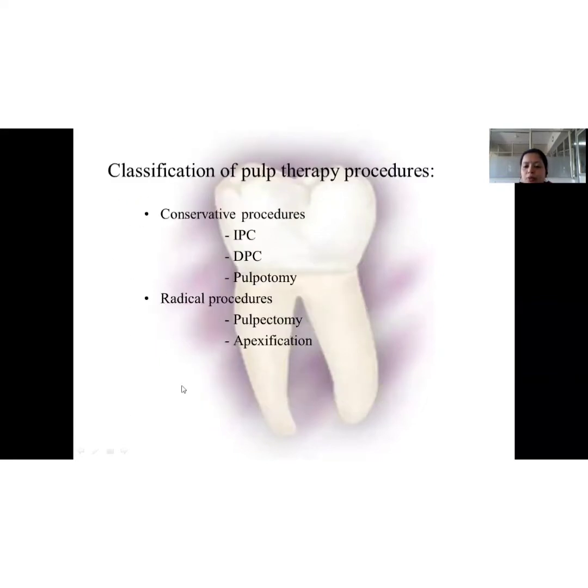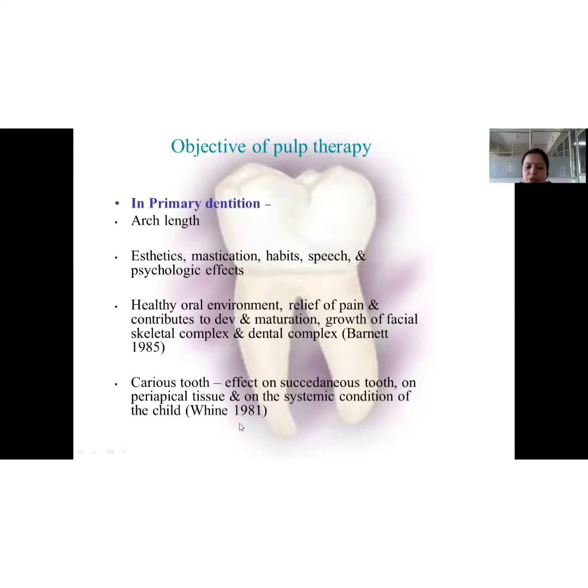And also, what are the effects of carious primary teeth on the succedaneous teeth, peripheral tissue and systemic condition of the child? Basically, if there is infection in your primary tooth, it may percolate towards the permanent tooth germ also, and there can be certain problems in development of the successors.